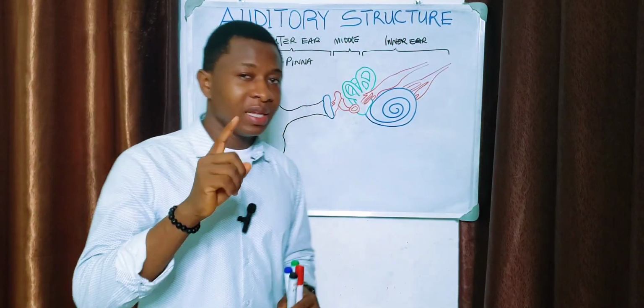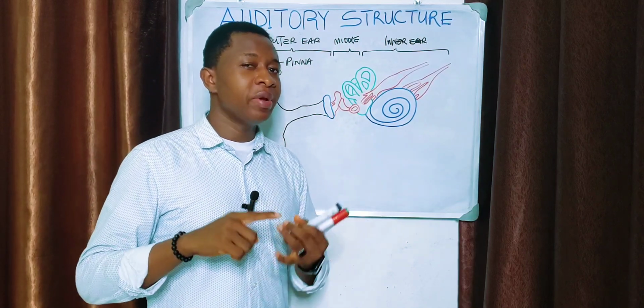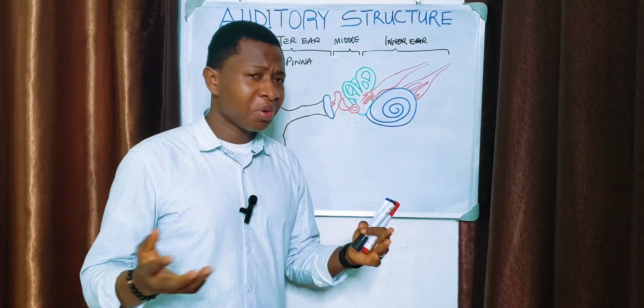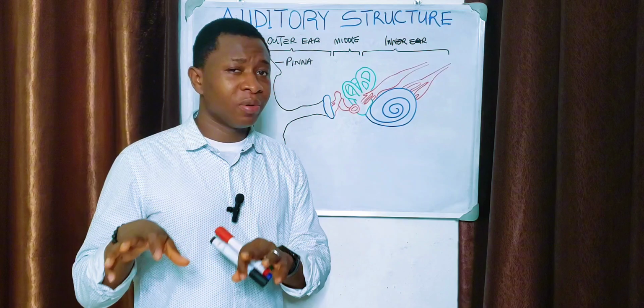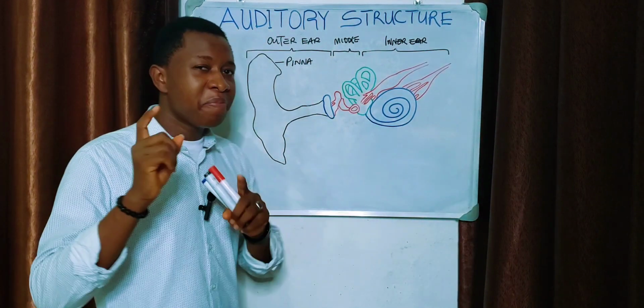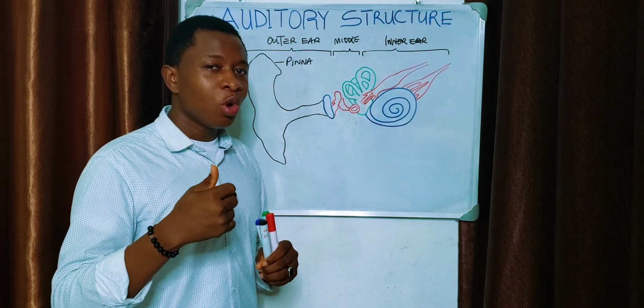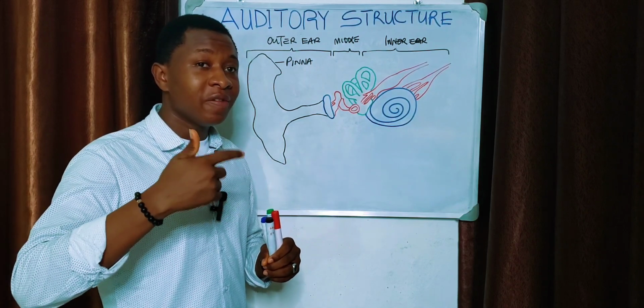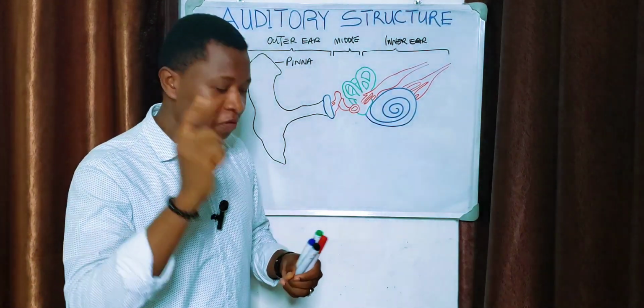Most importantly, the ear does not recognize lyrics. It doesn't recognize the drums, the guitar or the piano. What the ear actually recognizes is vibration, and that vibration must travel in the form of sound wave.